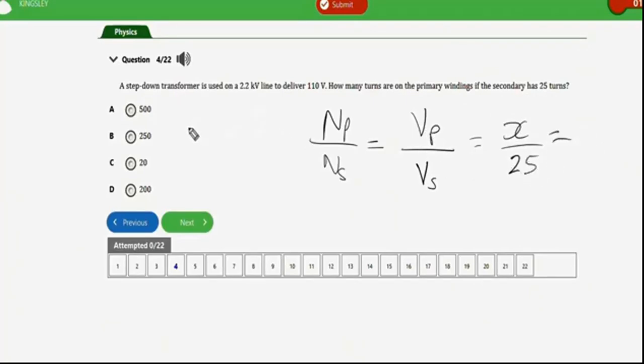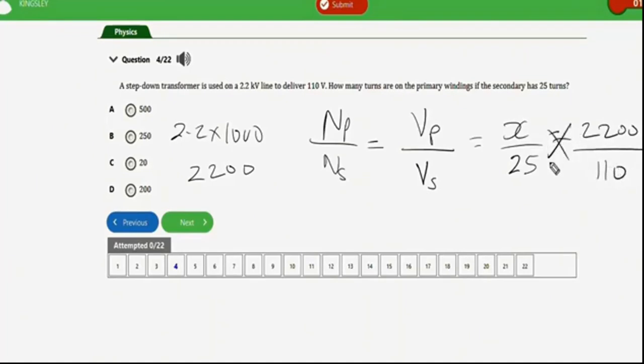So convert 2.2 kilovolts to volts will be 2.2 times 1000. This will give you 2200 volts over, now our secondary voltage is 110.